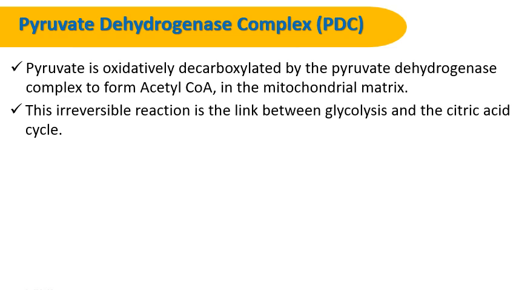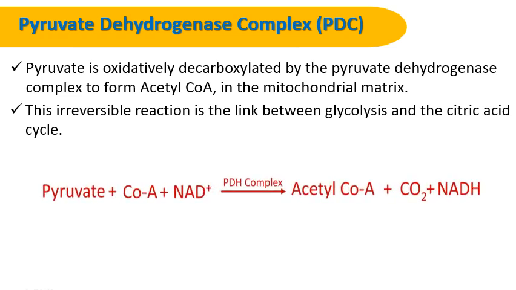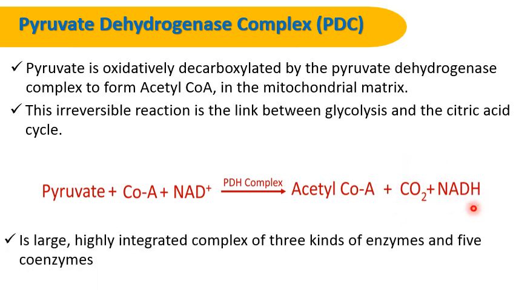It is the link between glycolysis and the citric acid cycle. And what is this reaction? Pyruvate, in the presence of coenzyme A and NAD+, will be catalyzed by the PDH complex to give you acetyl-CoA, CO2, and NADH.